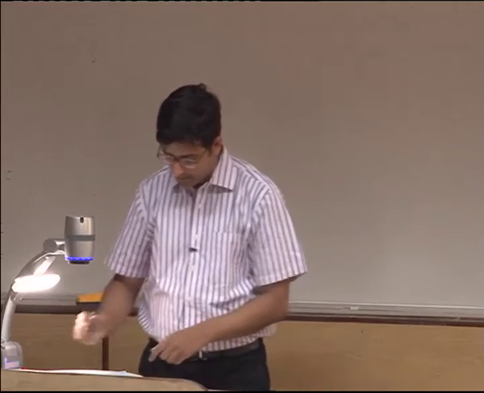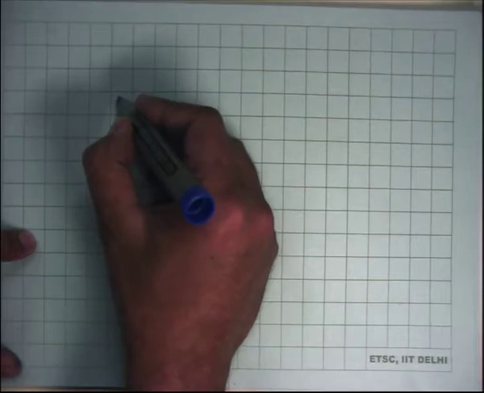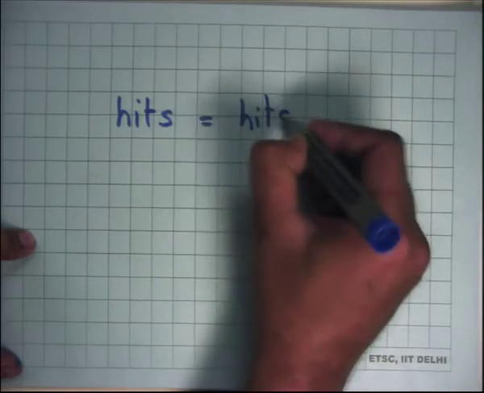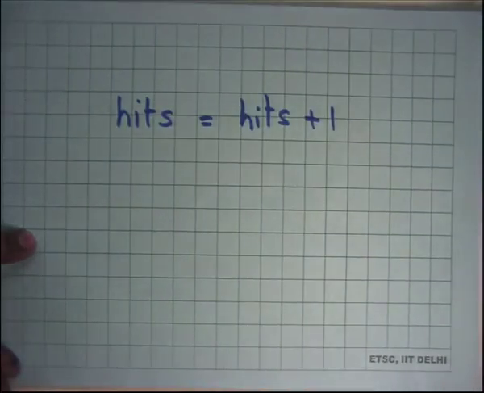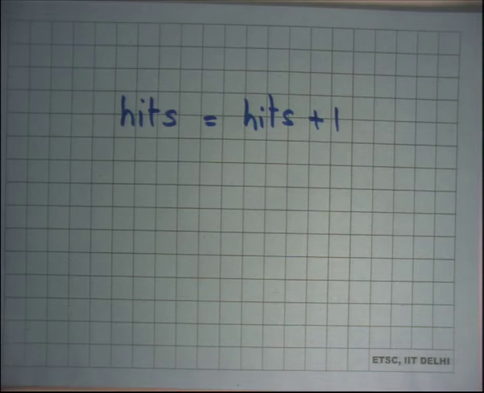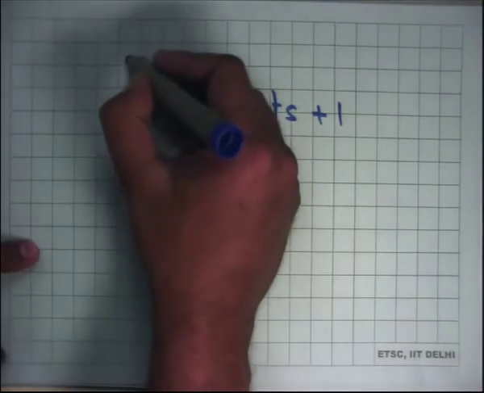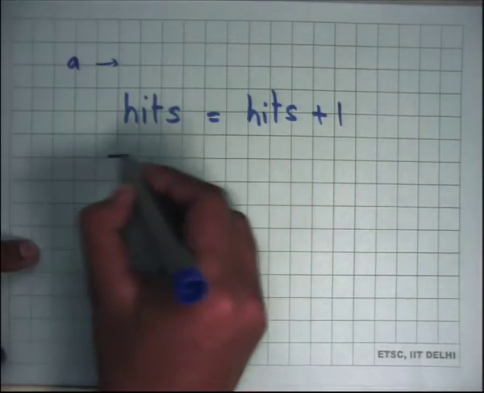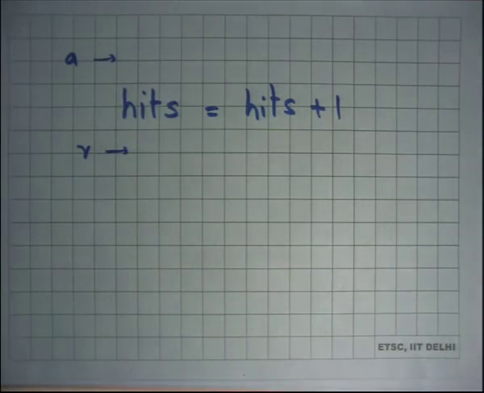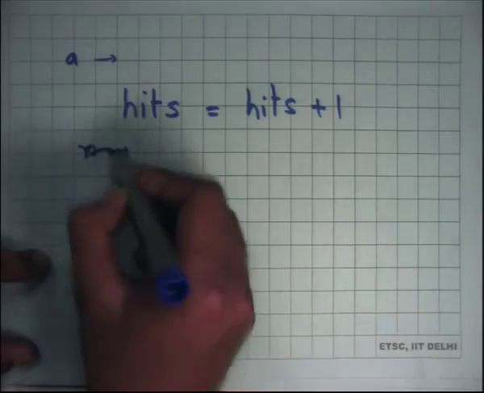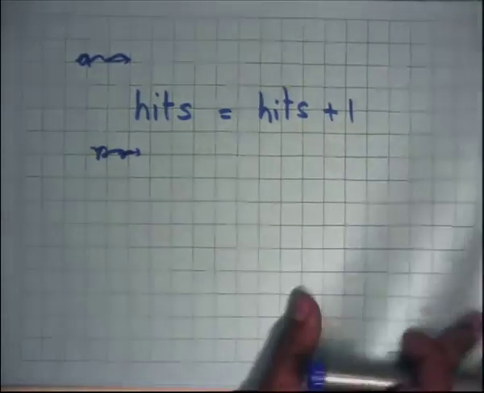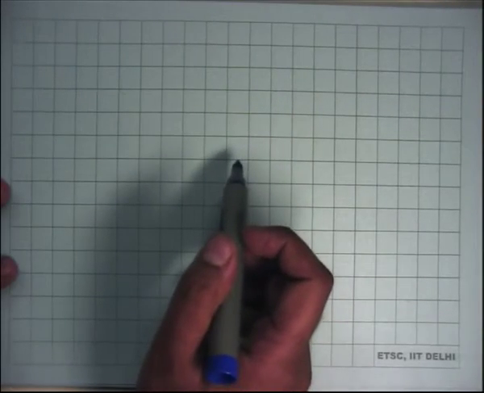So let us say I had this operation where I wanted to do hits is equal to hits plus 1, right. So far I was using locks to get atomicity for this code, so I was basically saying acquire here and release here. Now let us try to do this using transactions. If I want to do hits is equal to hits plus 1 in an atomic way, I could do something like this.